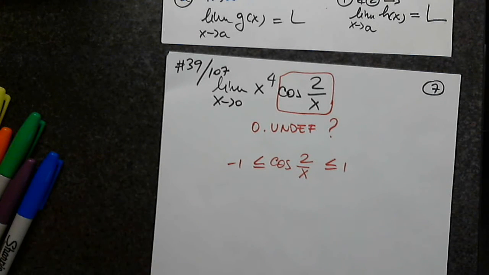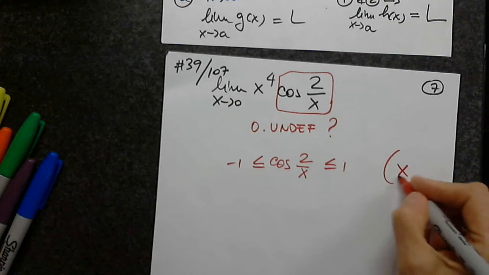What do you think I am going to do to all these three sides to get my h of x? This is what I want. I want my h of x. What should I do to all three sides to get my h of x in the middle? What is h of x? X to the fourth times cosine. Multiply by x to the fourth, but I have to be careful.